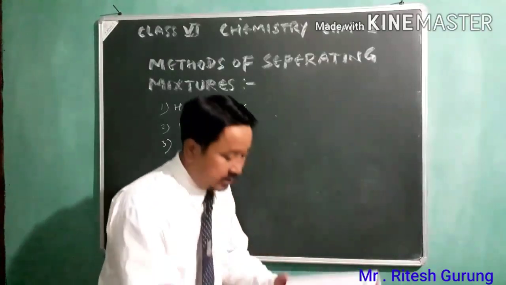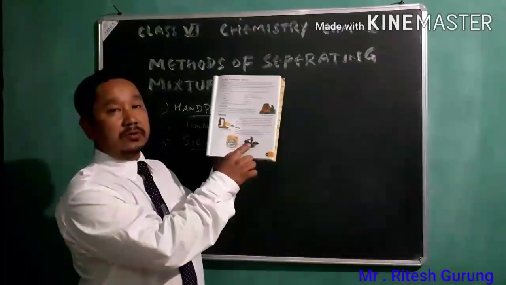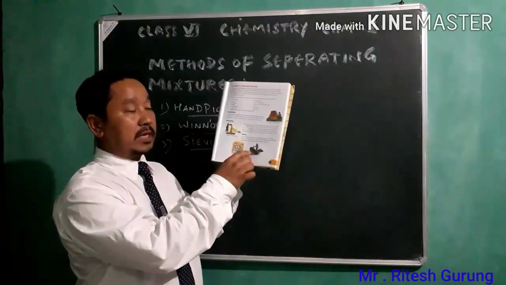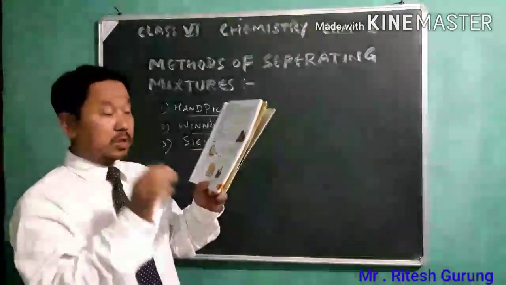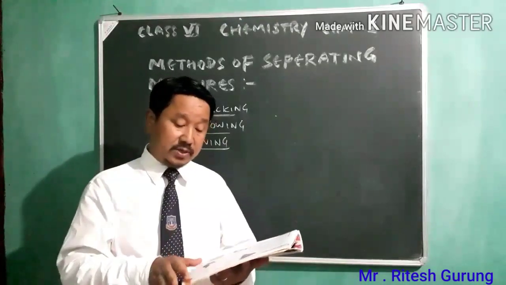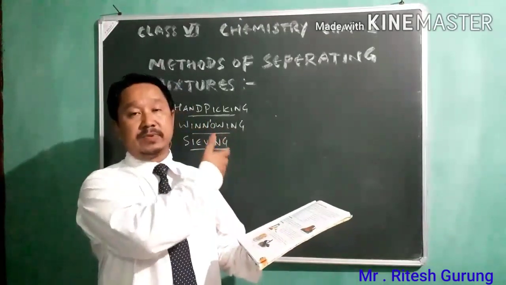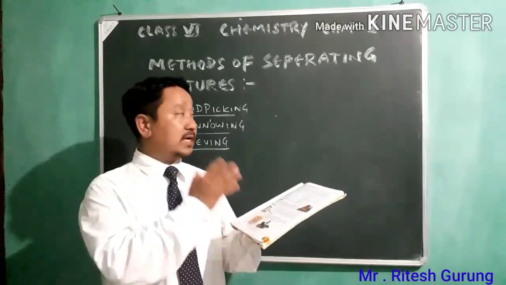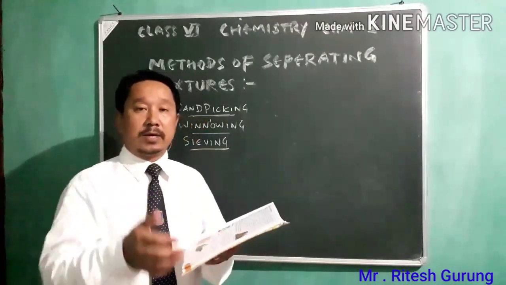You can just have a look at the diagram or the picture in your book. Please go through the book side by side, because all those diagrams cannot be drawn on the board. Please take help from the book also to understand what I'm teaching.